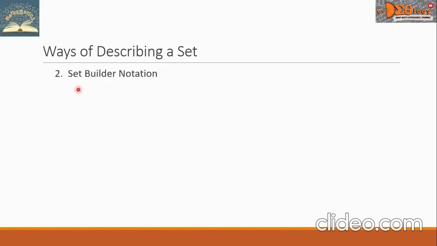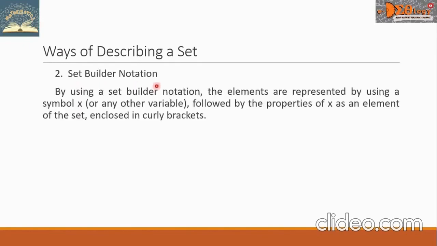The second way is what we call set builder notation. By using set builder notation, the elements are represented by using a symbol x or any other variable, followed by the properties of x as an element of the set, enclosed in curly brackets.